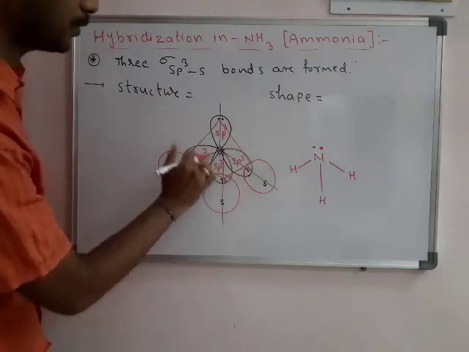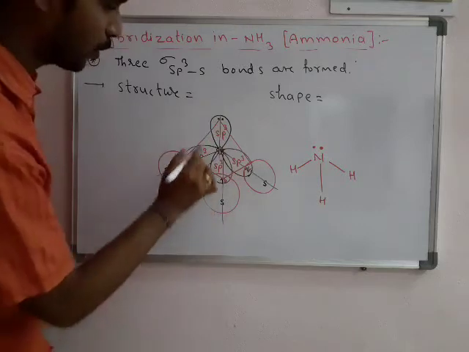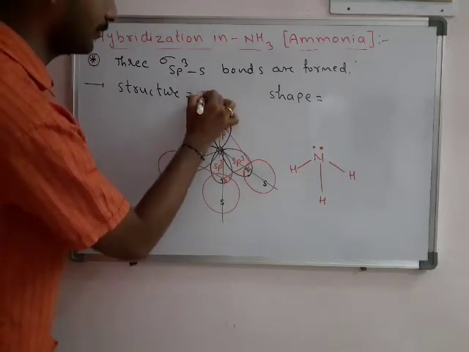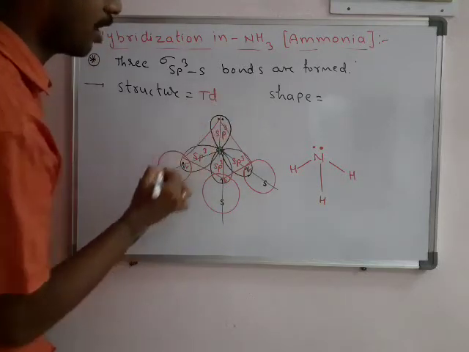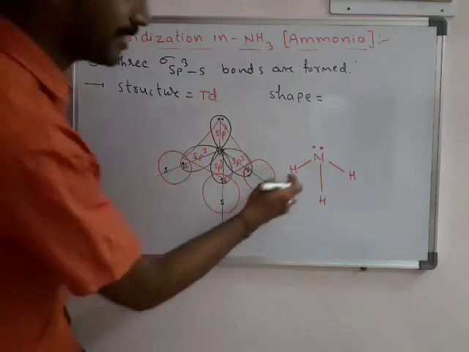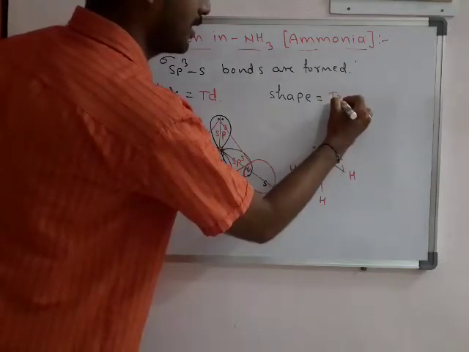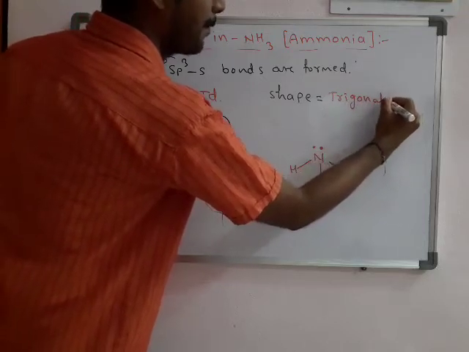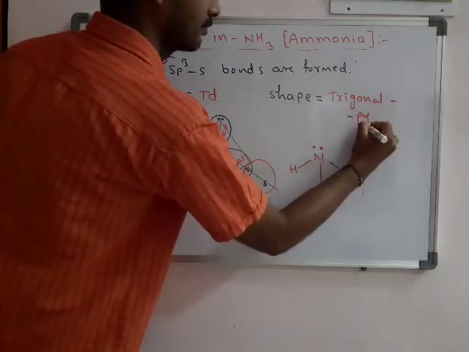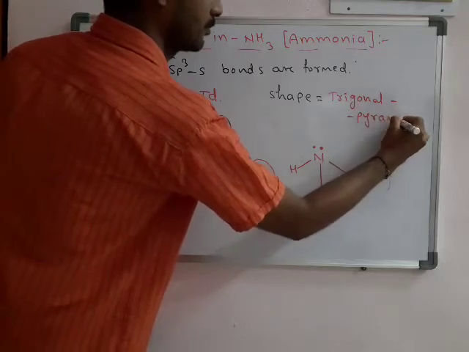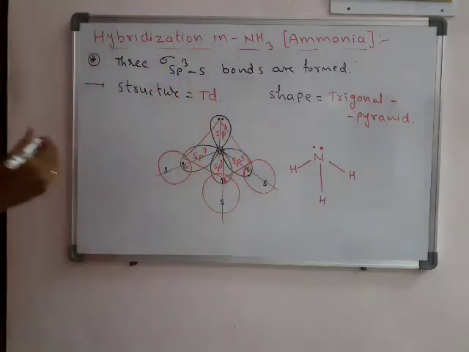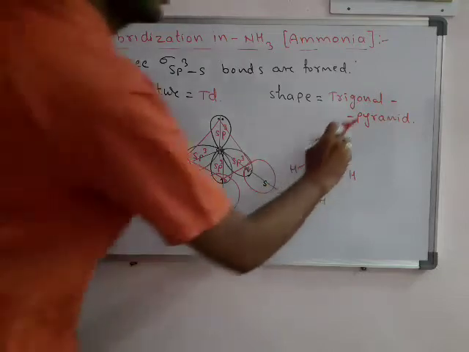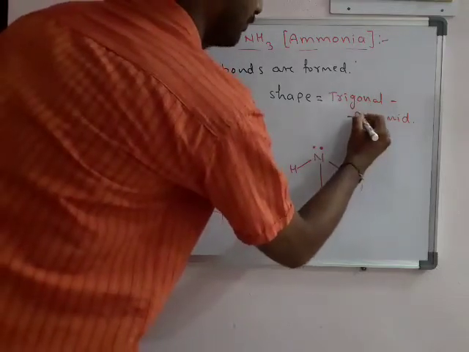For the structure we also consider the lone pair, so that is tetrahedral. So what is the shape? For shape we treat only the bonds, so that is just a trigonal pyramid. Trigonal pyramid, not bipyramid, just one pyramid.